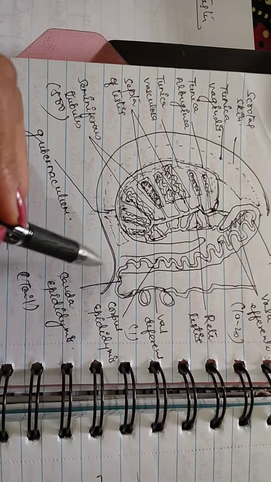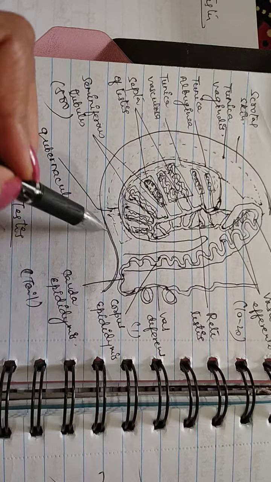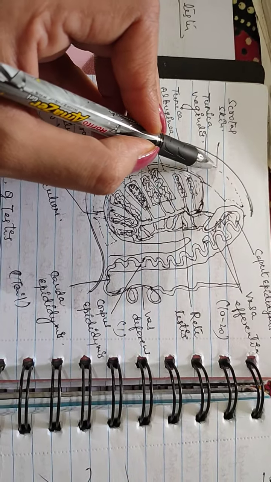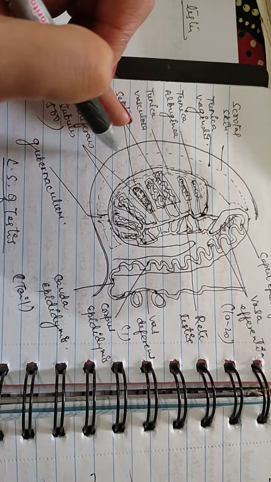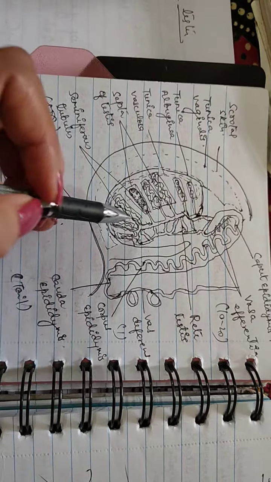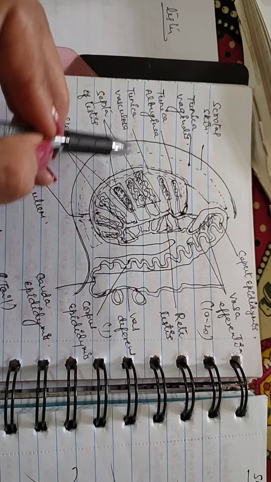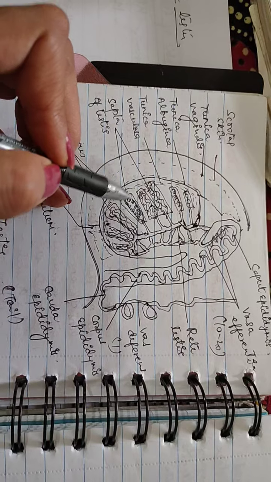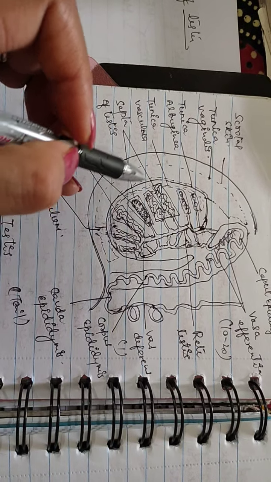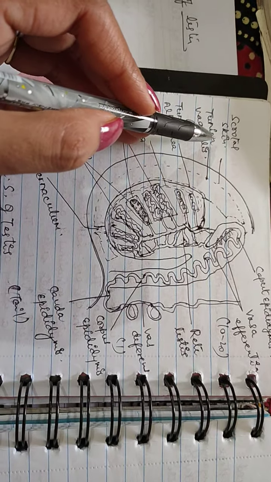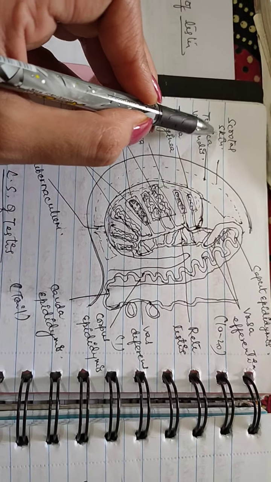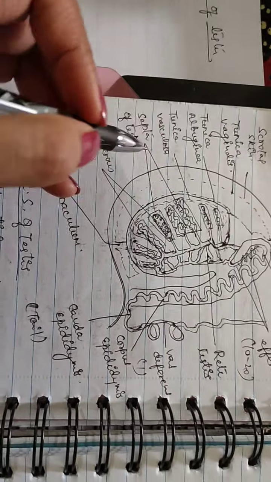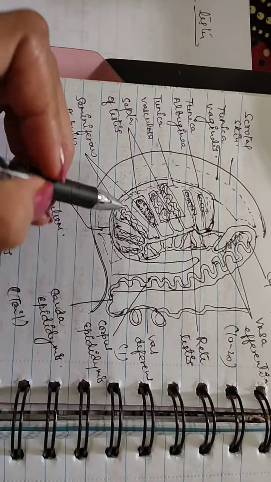See here the outermost layer, this is the scrotal skin or scrotum, which is a pouch-like structure, the scrotal sac. As we know, testes are situated outside the abdominal cavity within a pouch called scrotum, and as I told you, this works like a thermoregulator.